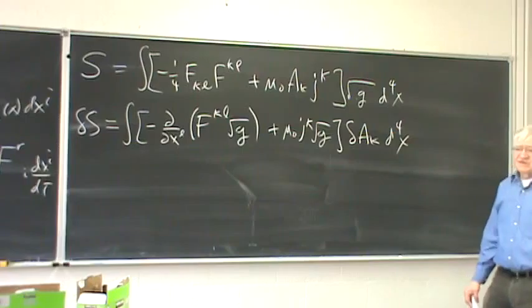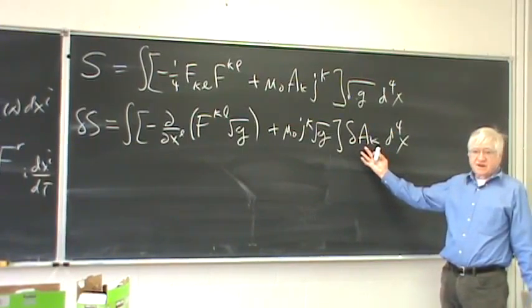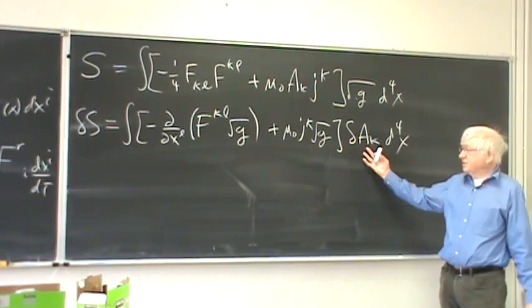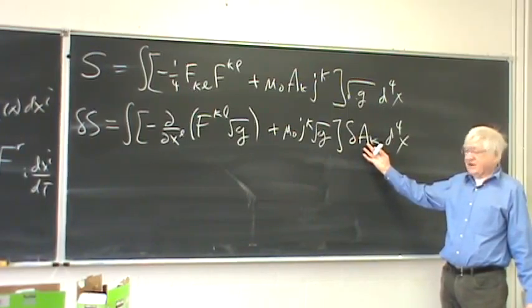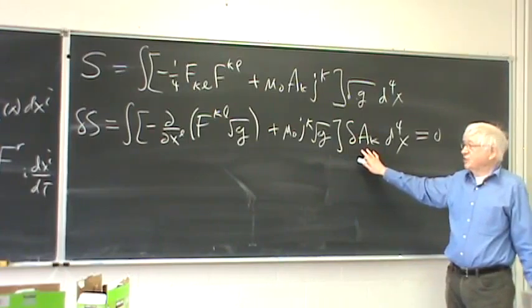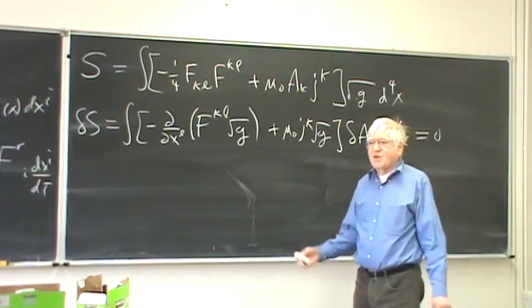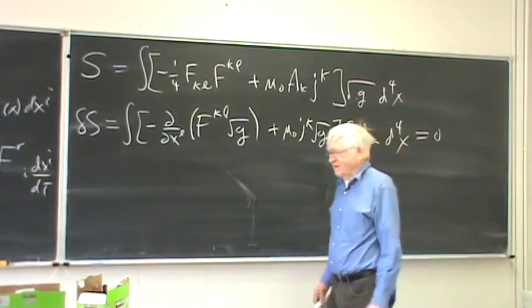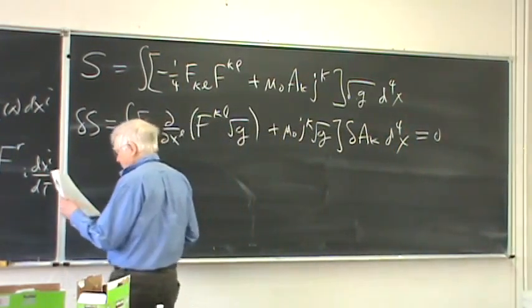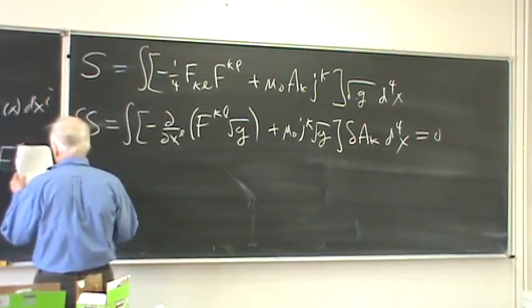So you can see that the field equation then is going to be, since this has to be 0, and the variation of A_K is arbitrary, but we have it vanish at the endpoints because we want to, we then just get that inside the square brackets we have to have 0.